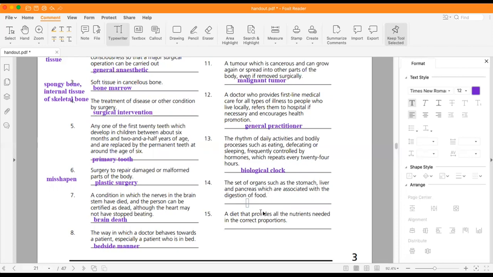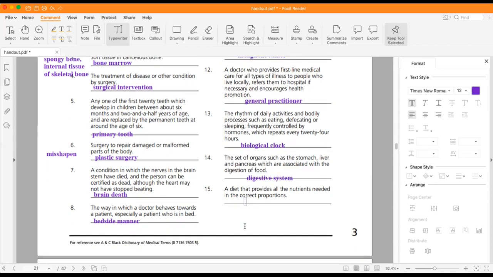Number 14, the set of organs such as the stomach, liver, and pancreas, which are associated with the digestion of food. Of course, this is digestive system. Right.